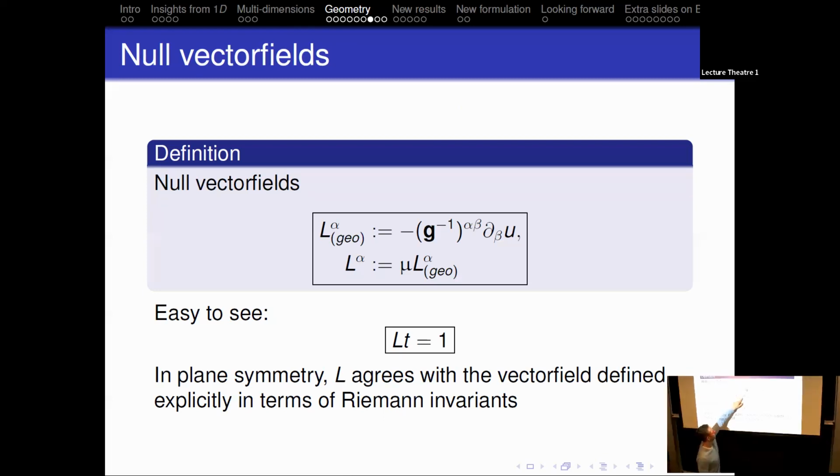You can multiply L_geo by mu to get something called L. And this is the correct analog of the L that I explicitly wrote in one space dimension. This is the multidimensional analog. If you normalize the geodesic vector field by mu, you get something so that if you apply it to t, you get 1, which is exactly what occurred for the explicit vector field that I called L in 1D. And so this is a good vector field to work with.